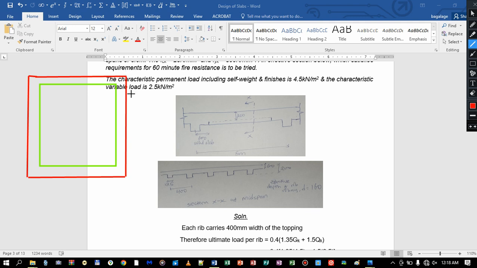Let this be our beam. Do it like this. Okay, so this is the plan view. This is the beam in red, the beam boundary. Then this is the center line of the beam.